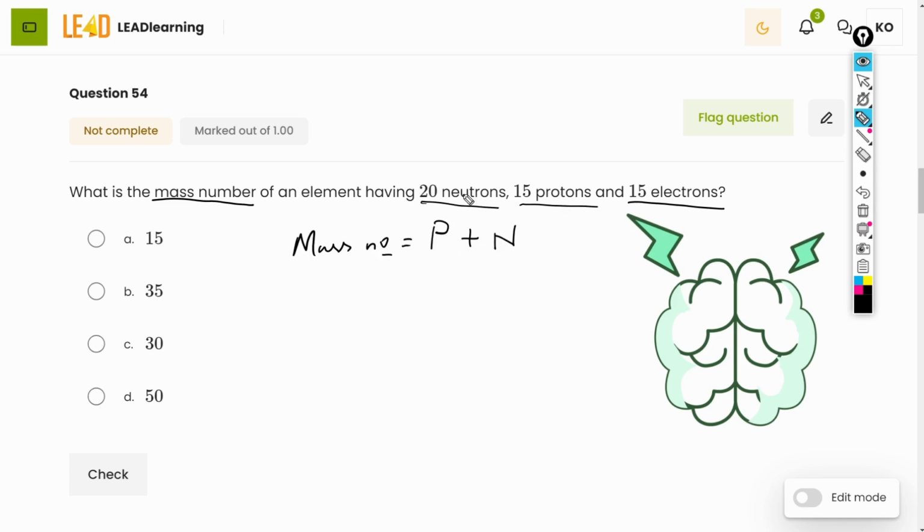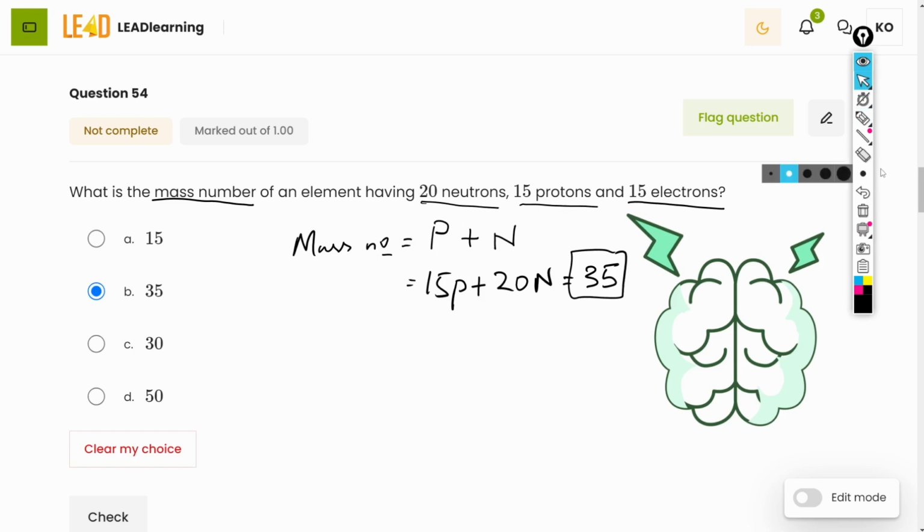Since there are 15 protons and 20 neutrons, if we add this up, it gives us 35. That means the mass number of this element is 35, and that gives us option B as the answer.